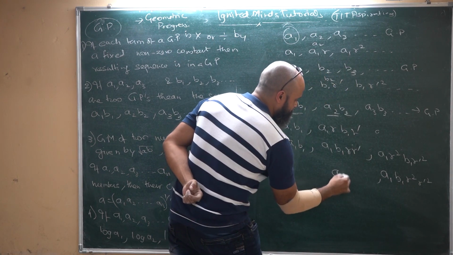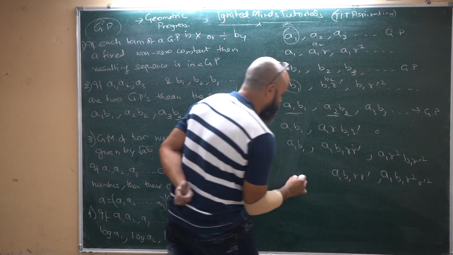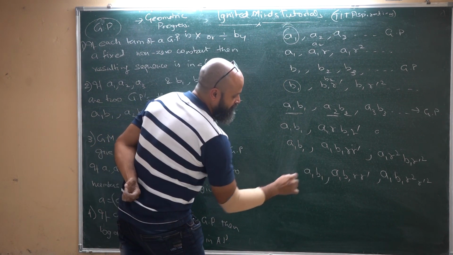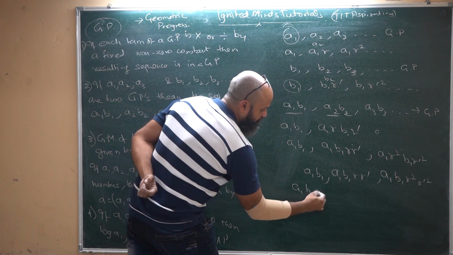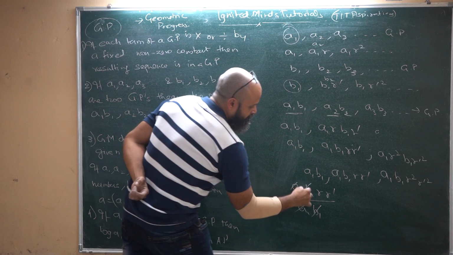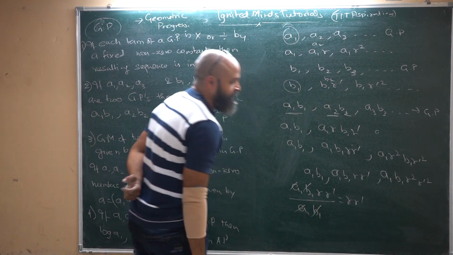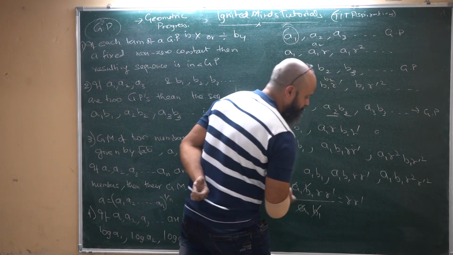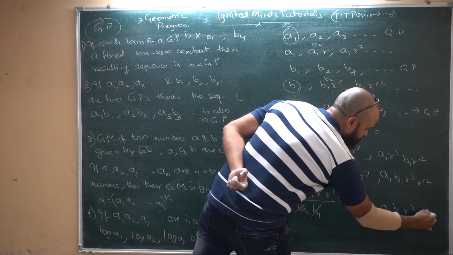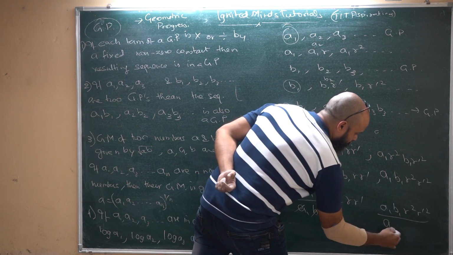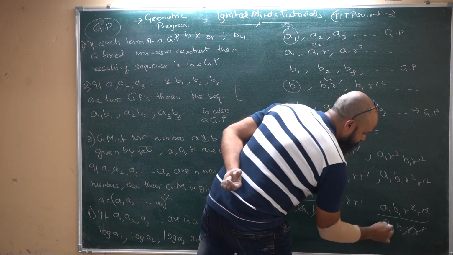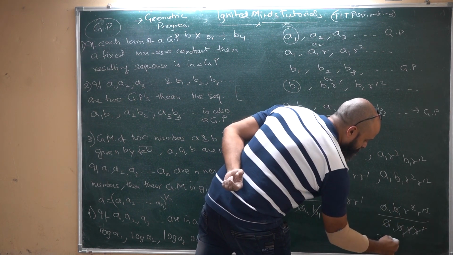Now let's look at these successive terms and see if they actually form a GP. So here we have, if we happen to divide this one by this one, A1B1RR dash by A1B1, we are going to get the common ratio as RR dash. Let's say if this is the same for this one. So if we divide A1B1R square R dash square upon A1B1RR dash, this is going to get cancelled once and you will be left with RR dash.